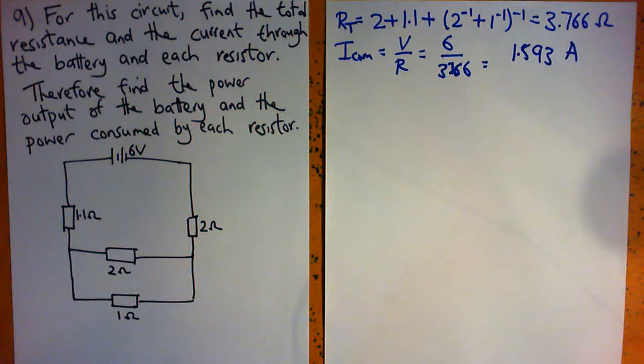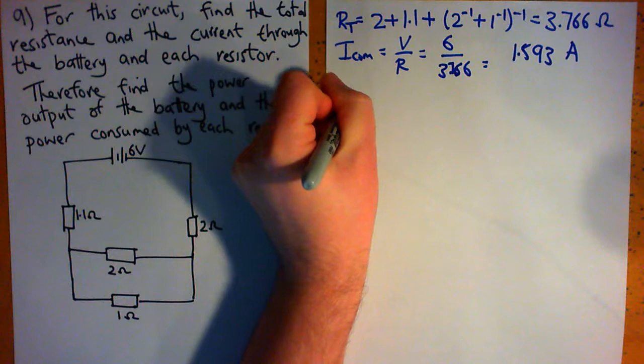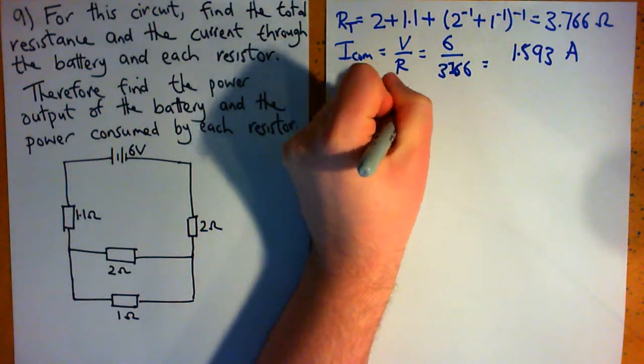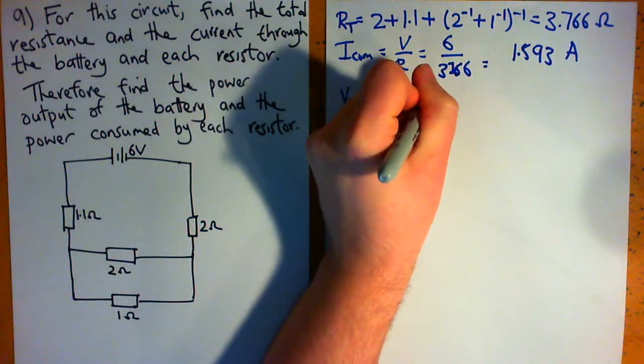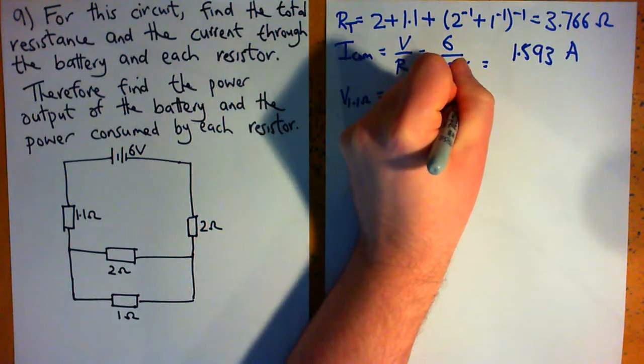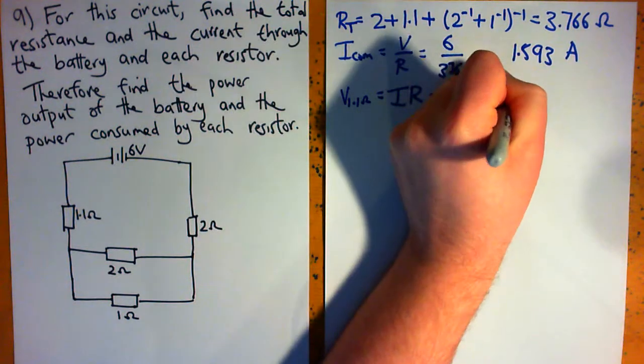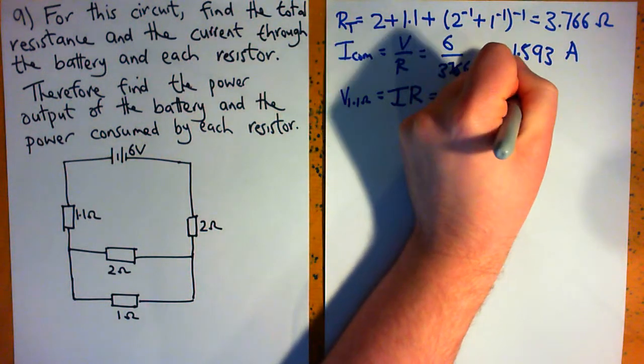Now we need to find the voltage across the parallel part of the circuit, and in order to get that, we'll need to work out the voltage across the 2 series resistors. Let's look at the voltage of the 1.1 ohm resistor, which is obtained by Ohm's law, V equals IR. The current through it is 1.593, and its resistance is 1.1.